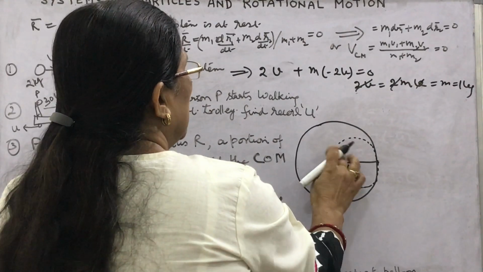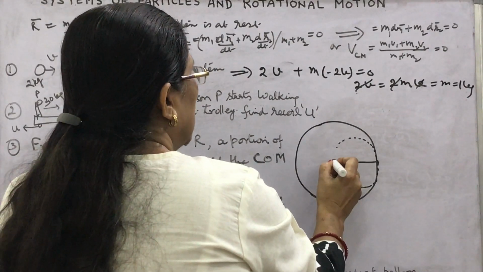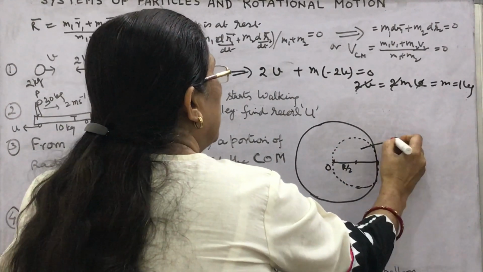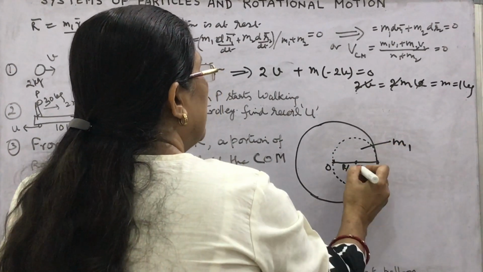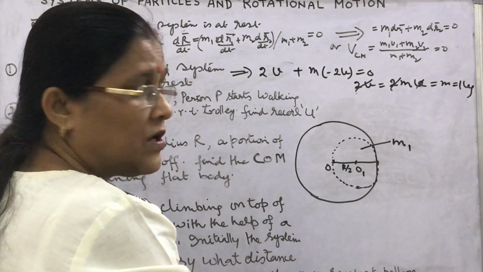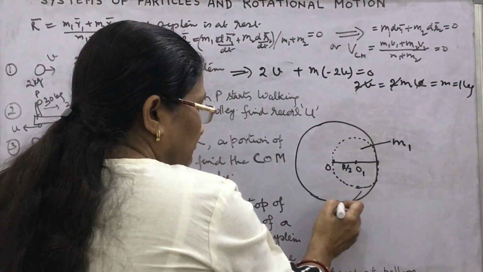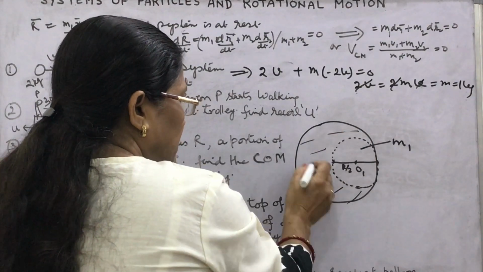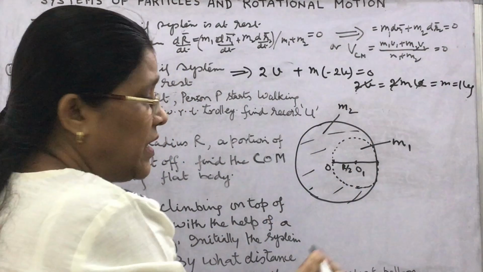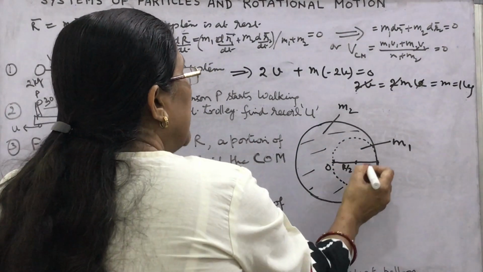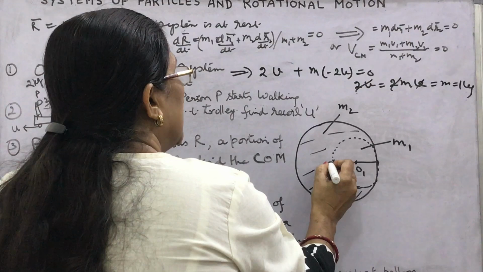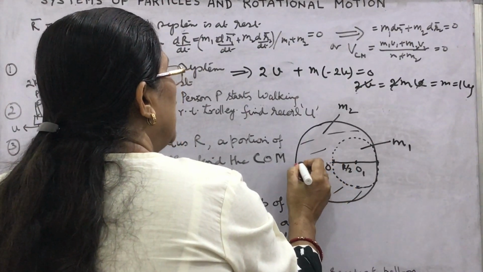If you assume this is the center O here, this is the mass cut off, suppose M1, and its center of mass at O1. Now the remaining flat portion is this one. Suppose its mass is M2, and M1 has its center of mass at O1, and what about M2?